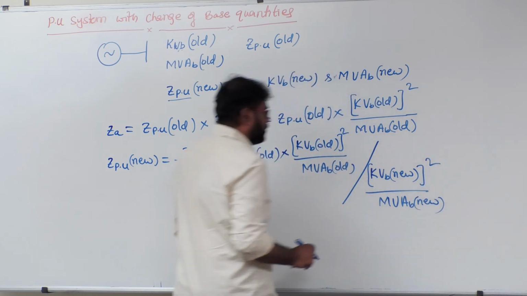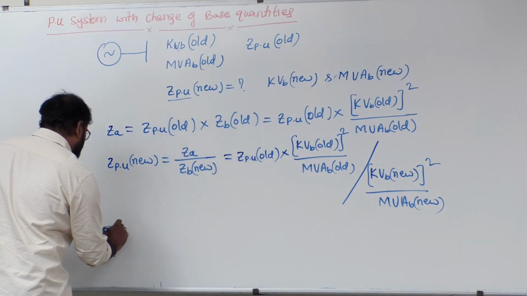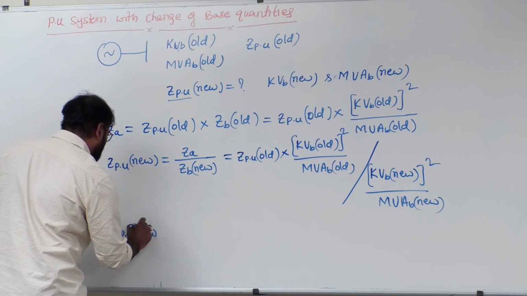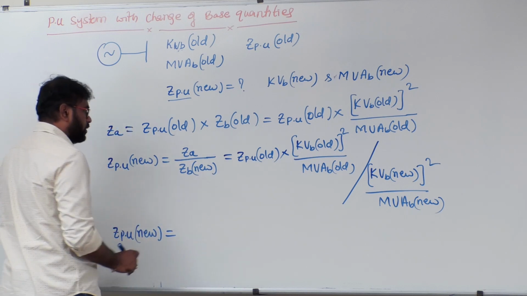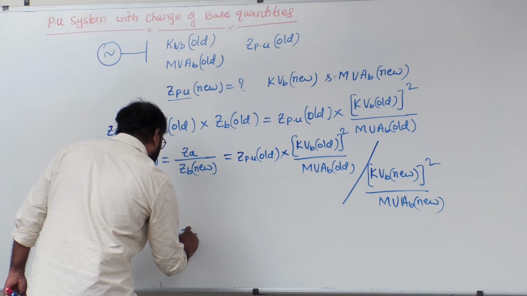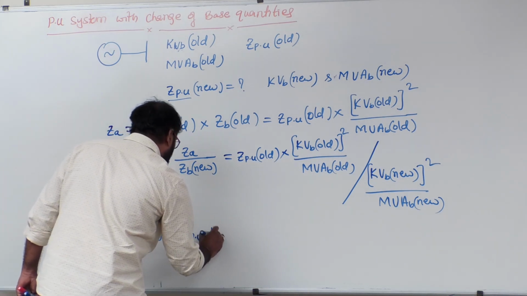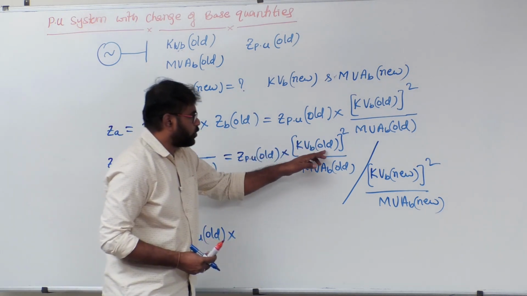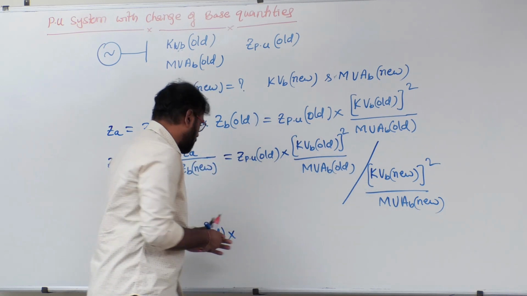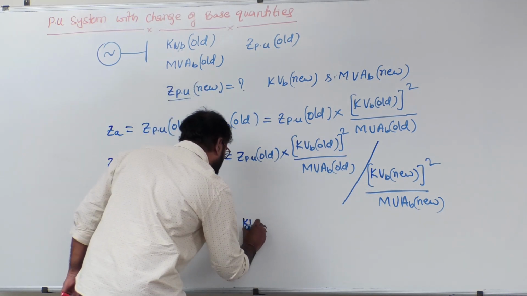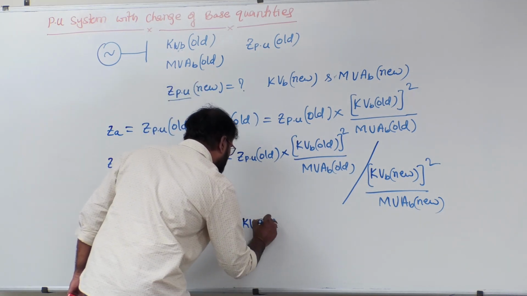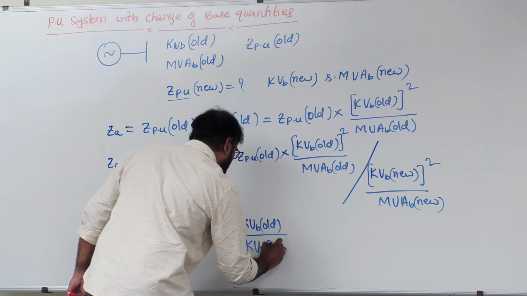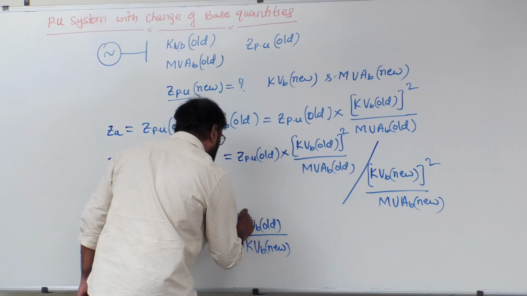Clear? Now I am going to rewrite this in a simple form. Z per unit new is equal to Z per unit old multiplied with KVB old square by KVB new square, that means simply KVB old divided with KVB new whole square.